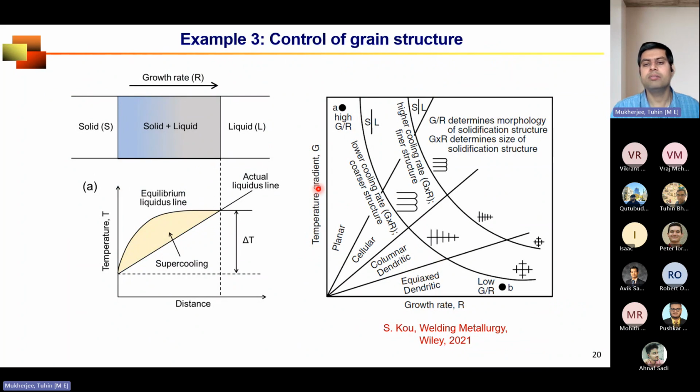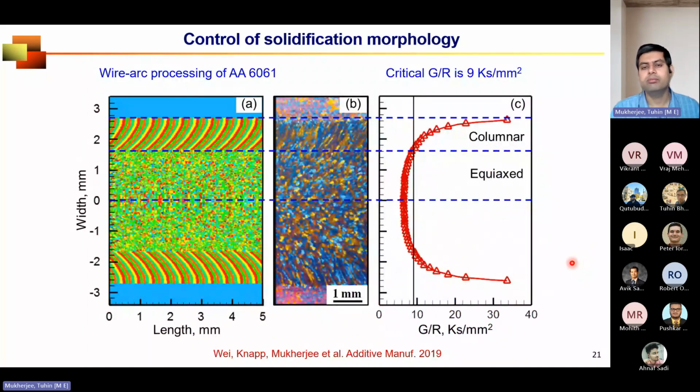Depending on this value of G and R, temperature gradient and growth rate, you can identify what will be the solidification morphology.